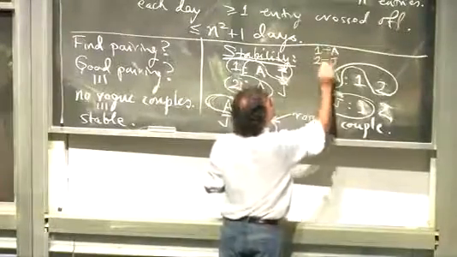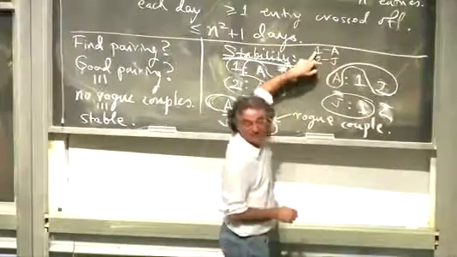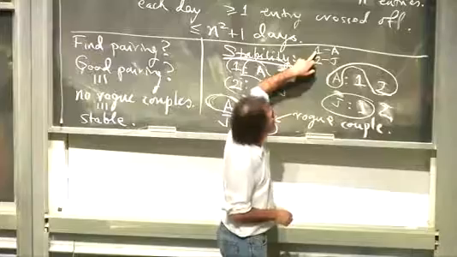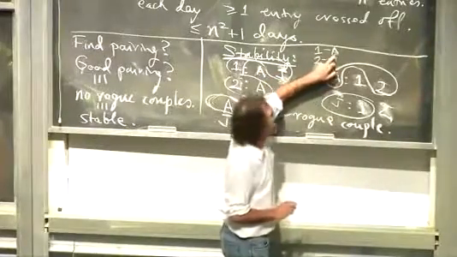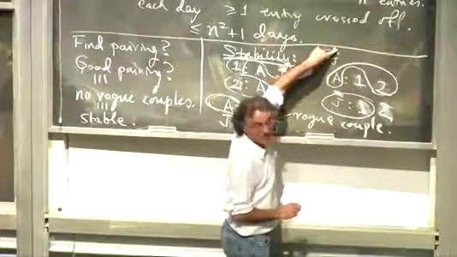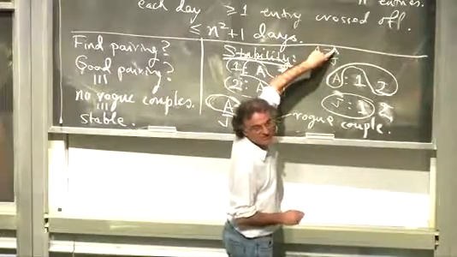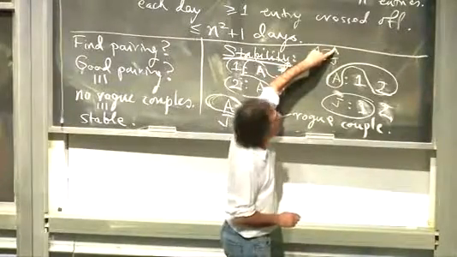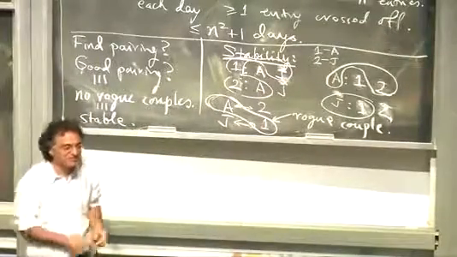Look at it from this point of view. J would rather be with 1, but 1 doesn't want to be paired with J. 1 is pretty happy with A. So this is not a rogue couple. What about 2 and A? Well, 2 would rather be paired up with A, but A is perfectly happy with 1, so no rogue couples there. Now, of course, 2 and J are pretty unhappy with each other, but that's fine.